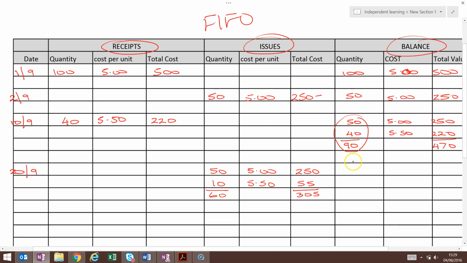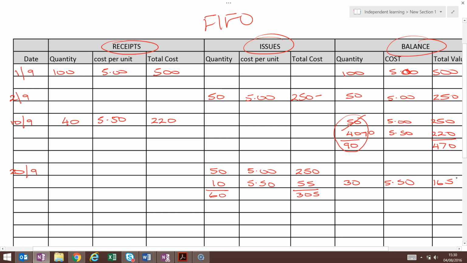In the balance column, we're going to put 30 because we now have 30 left. This 50, we've sold them, and this 40, we've taken 10 from it. So what we actually have is 30 in stock. They're the ones that we paid £5.50 for, so that's £165.